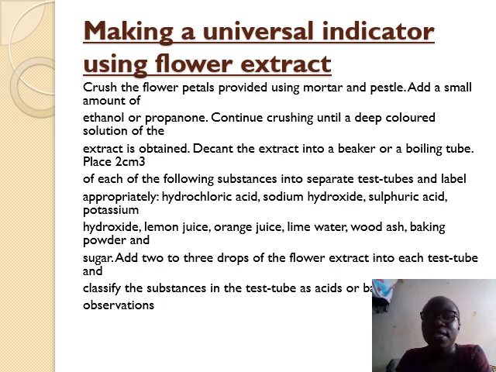Place 2 cubic centimeters of each of the following substances into separate test tubes and label appropriately: hydrochloric acid, sodium hydroxide, sulfuric acid, potassium hydroxide, lemon juice, orange juice, lime water, wood ash, baking powder, and sugar.